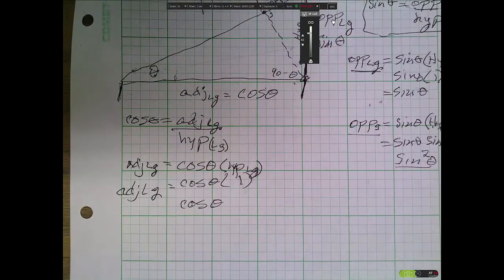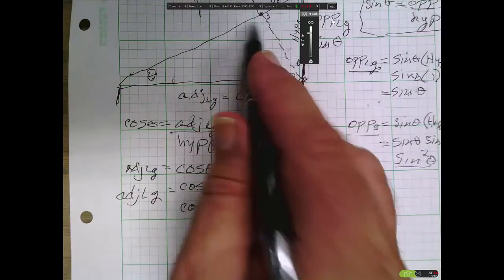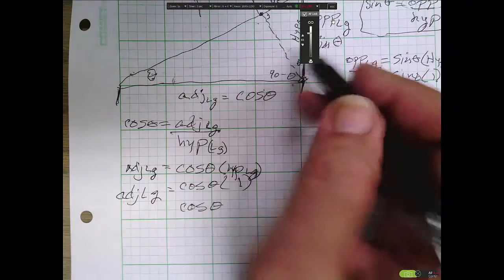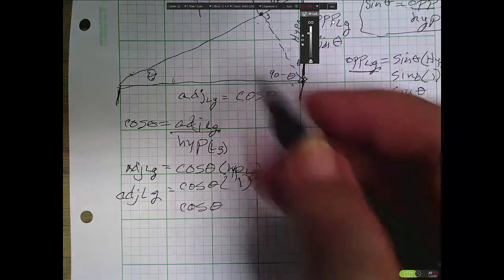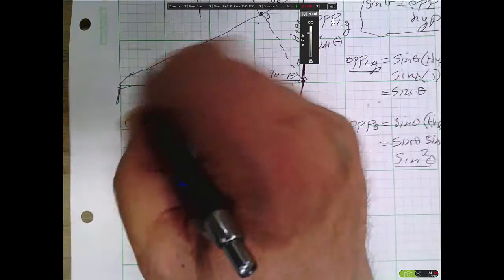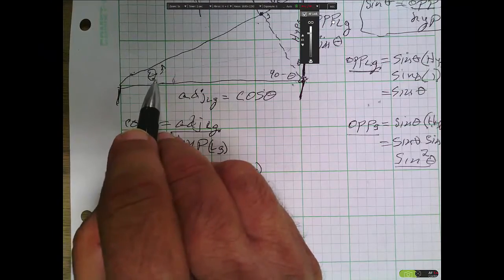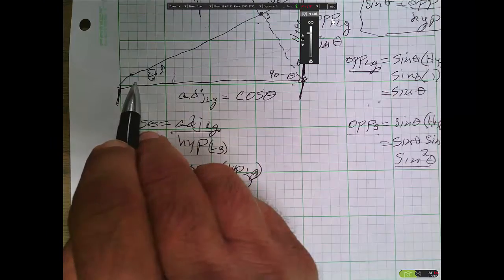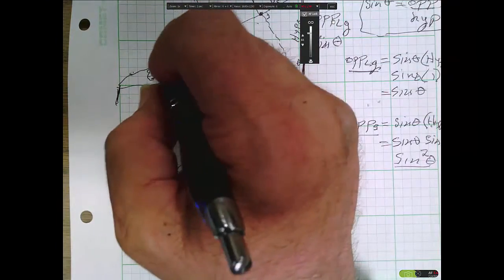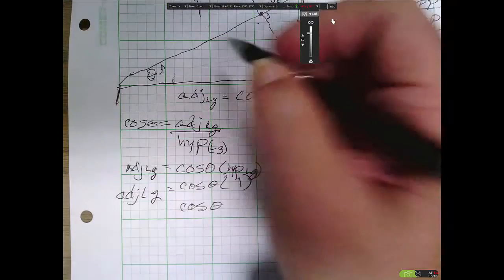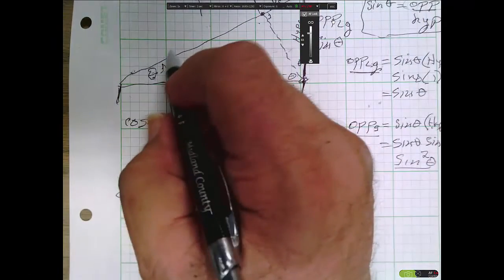Sorry. In this medium-sized triangle right here, we have a large triangle, a small triangle, and a medium-sized triangle. So I'll represent that this side right here is the adjacent side to our angle in this medium-sized triangle. I'll invent a symbolic value for it.